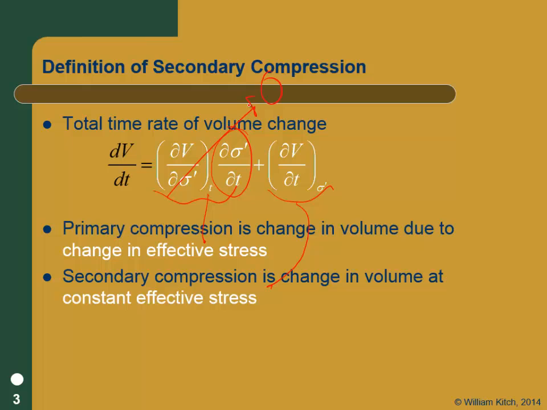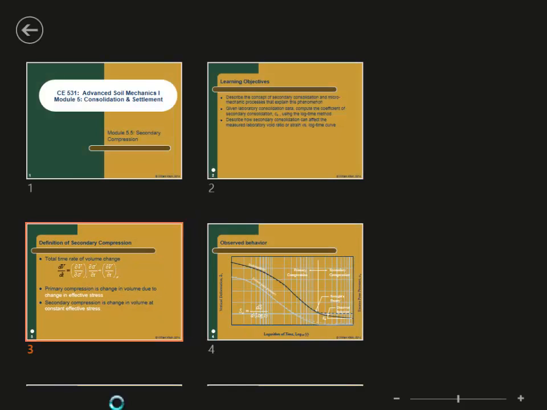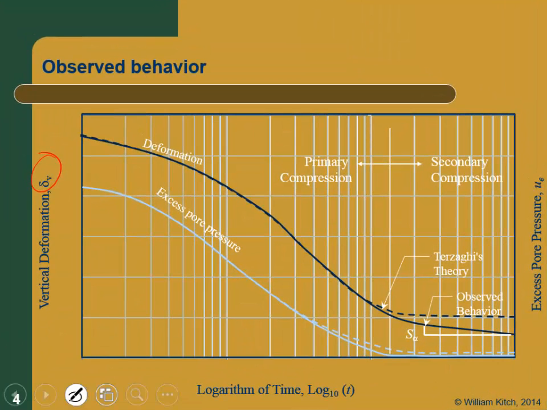So any deformation after the pore pressure is equal to zero has to be secondary compression by definition. What we don't know, and which will be important later, is in this part of the curve in this direction. Is there any reason there can't be secondary consolidation going on in that direction? None.